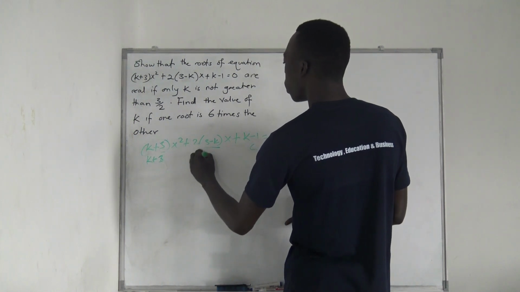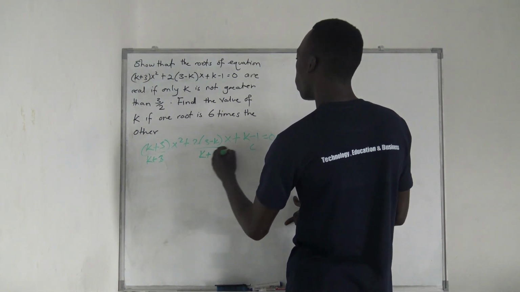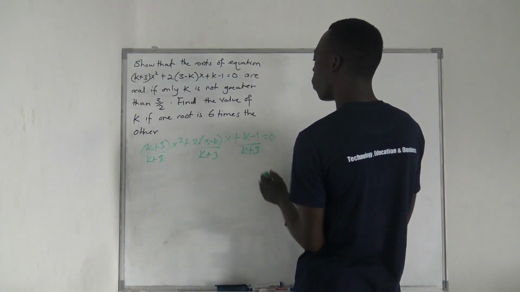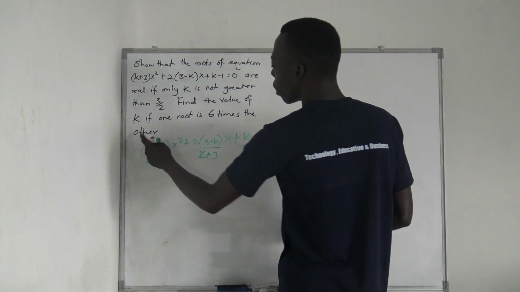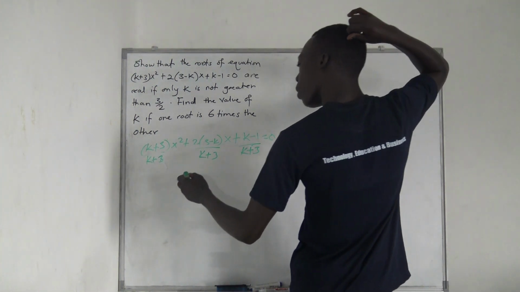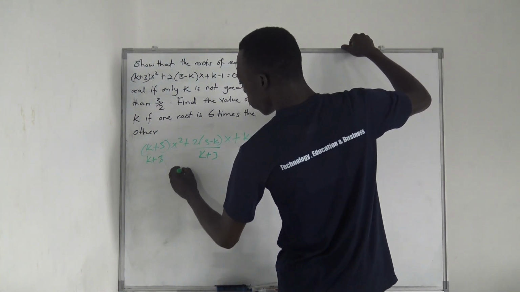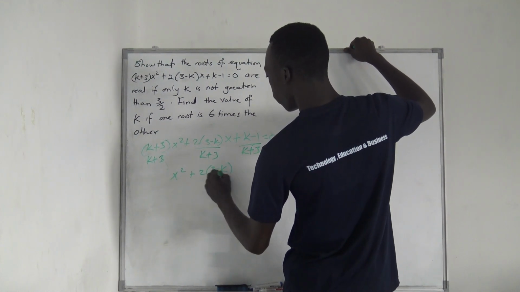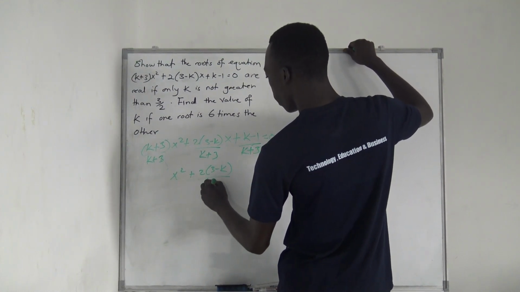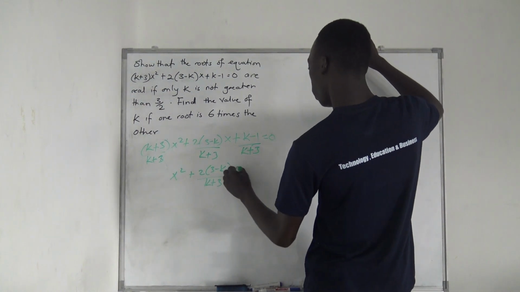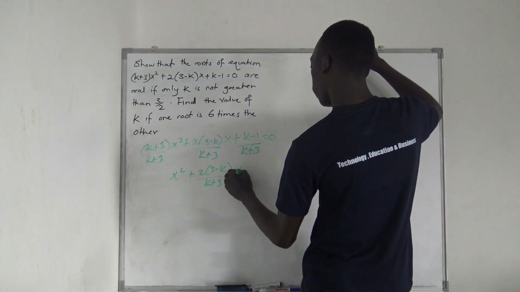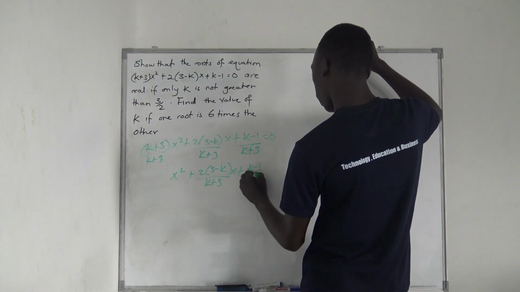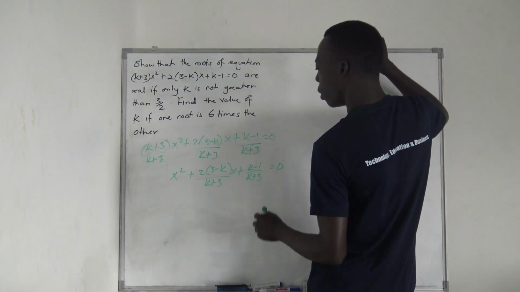Even here k plus 3, then here k plus 3. So it remains with a degree of 1, so it becomes x squared plus 2 into 3 minus k out of k plus 3, then x, then plus k minus 1 out of k plus 3 equals 0.